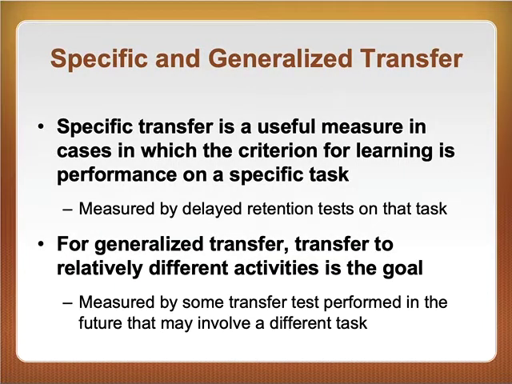Also with transfer, the things we're going to look at are specific versus generalized transfer. Specific transfer happens with that specific situation. When we're testing, is it the exact same for that specific situation?